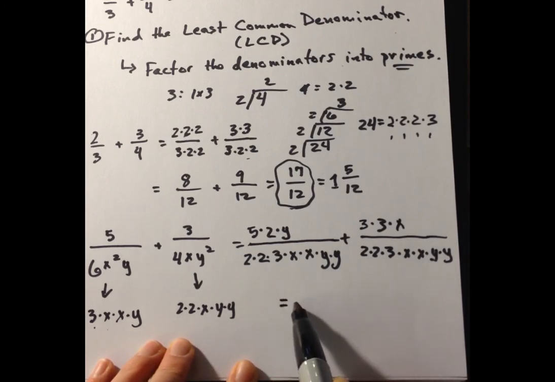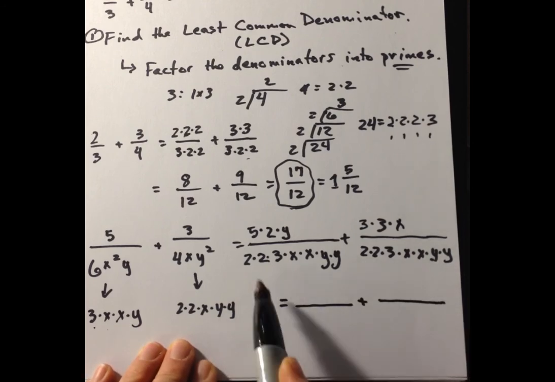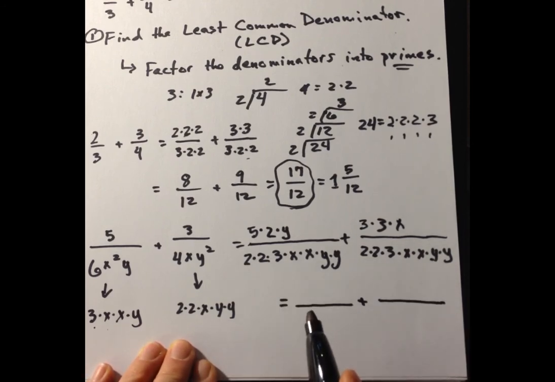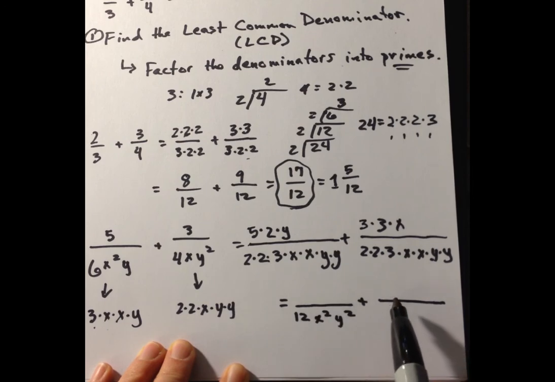So I'm just going to rewrite this a little more neatly. 2 times 2 times 3 is 12, x squared, y squared. And this will be the same thing over here. That's my least common denominator.